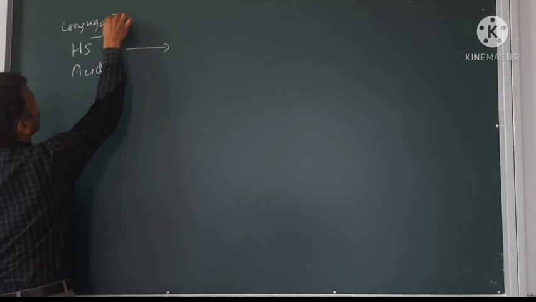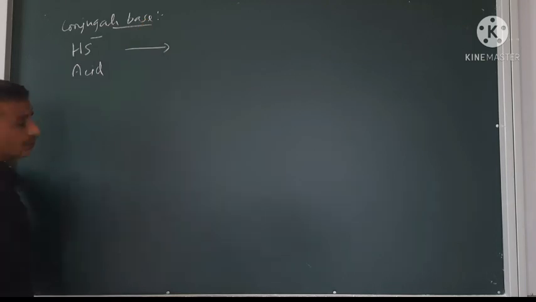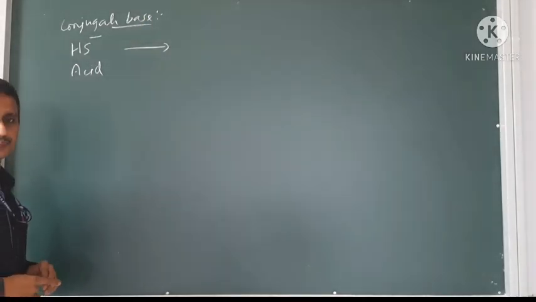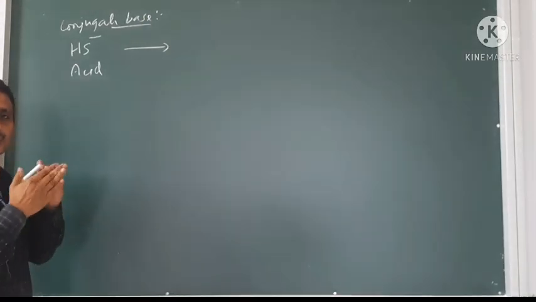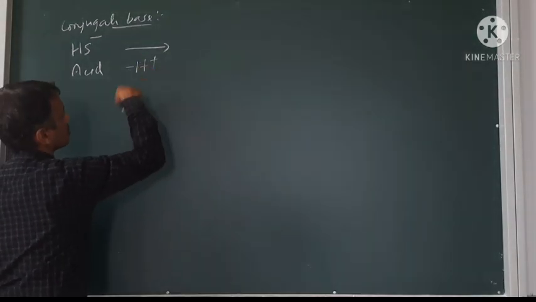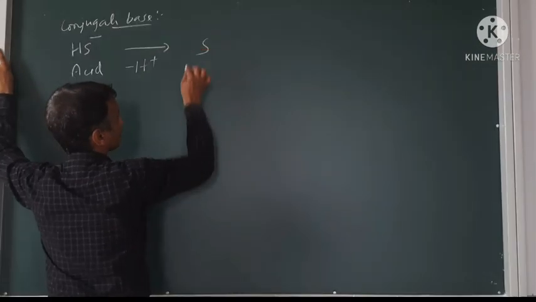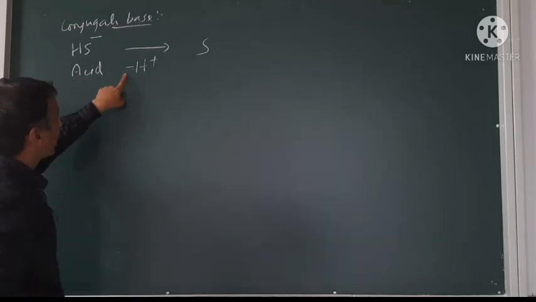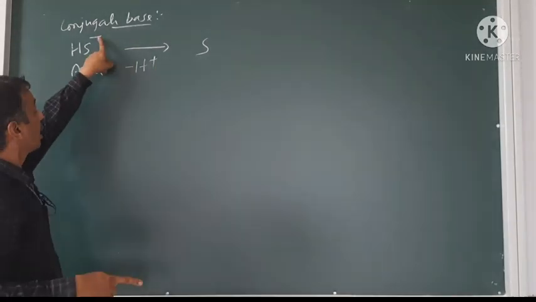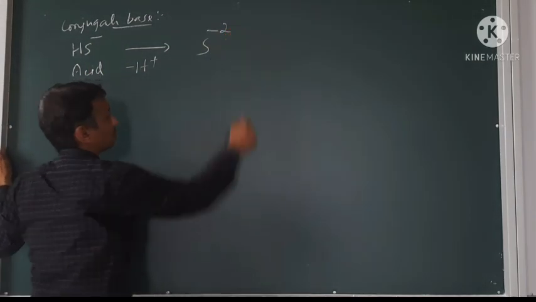What to do is remove one H plus ion. So one H plus is removed. So what remains? Minus of plus 1 is minus 1. Already minus 1 is here, meaning minus 2.